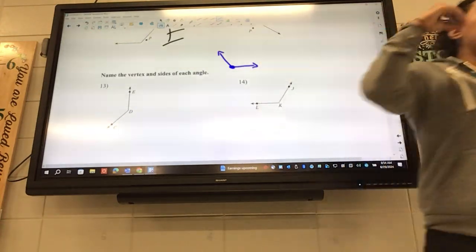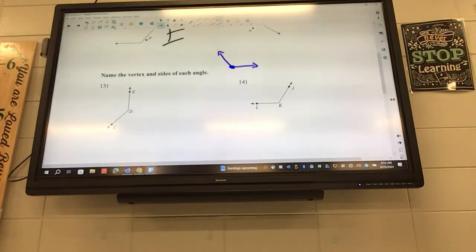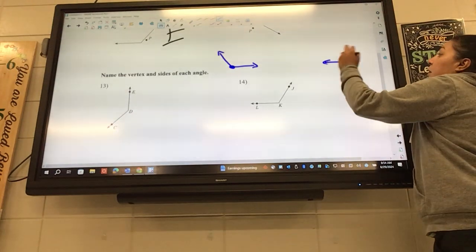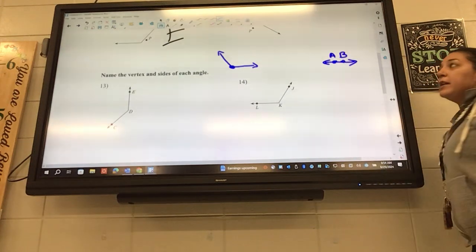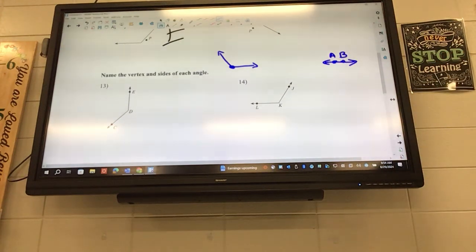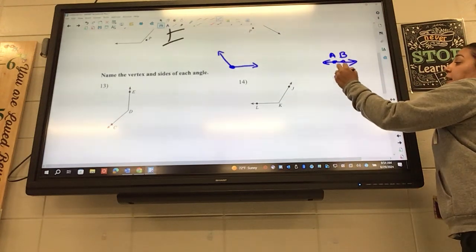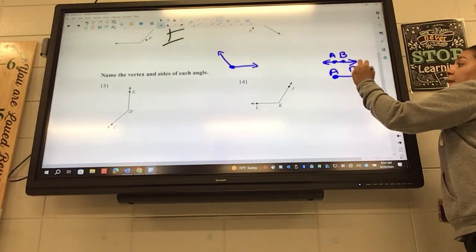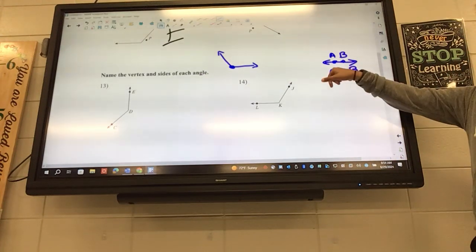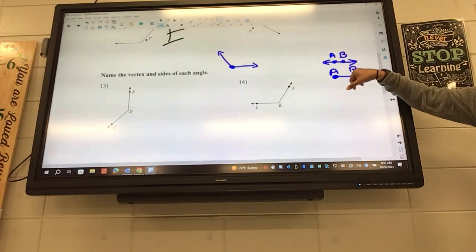Now, the way that we label them, so when we did a line, how could we call a line? If this is AB, how do you say that? AB or BA, right? We could say AB or BA. When we're dealing with a ray, if it's like this, and it's A and then B, you start at the dot, and then you have to use the last point that it goes through.